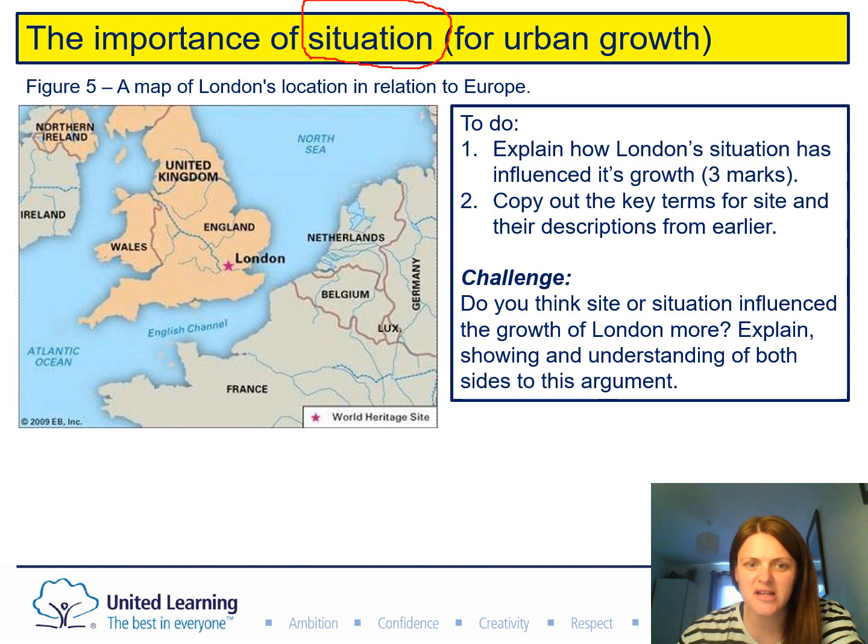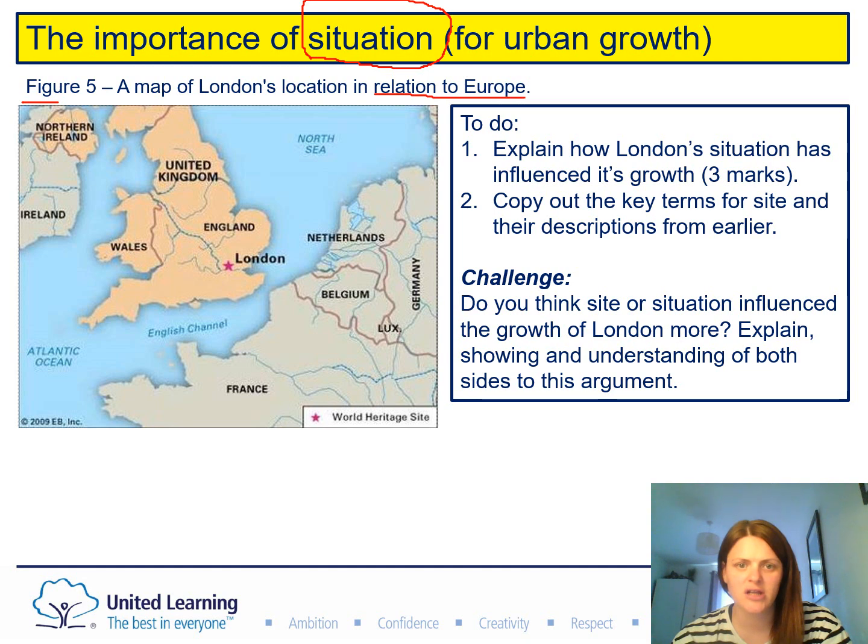And it's all about the situation, so where it is in comparison to other places, or in relation to other places. So here you've got a map, figure 5. It shows a map of London's location in relation to Europe. So obviously here's Europe, mainland Europe, here's the UK. And you can see London there with the star.